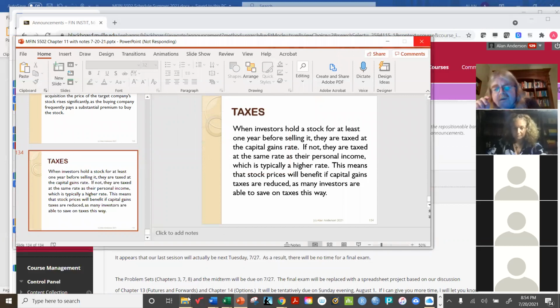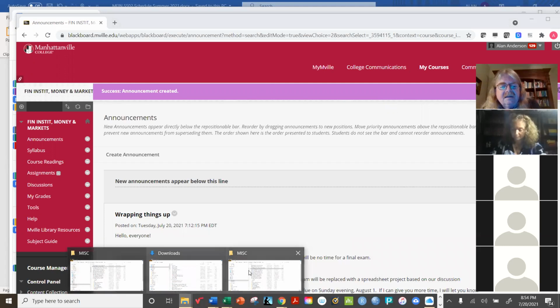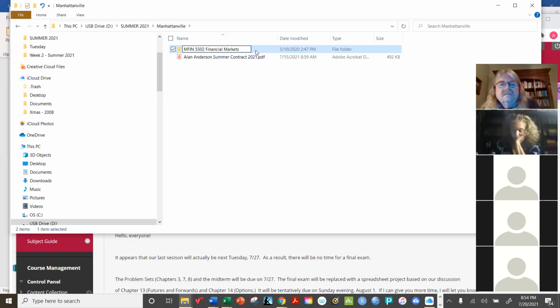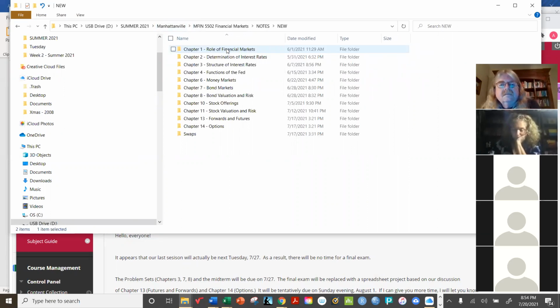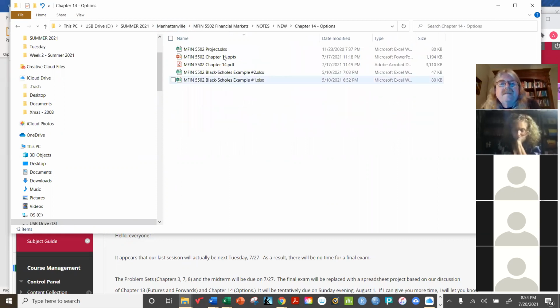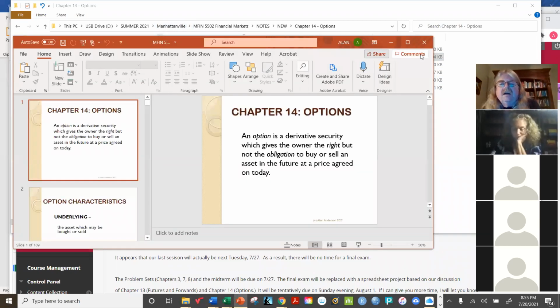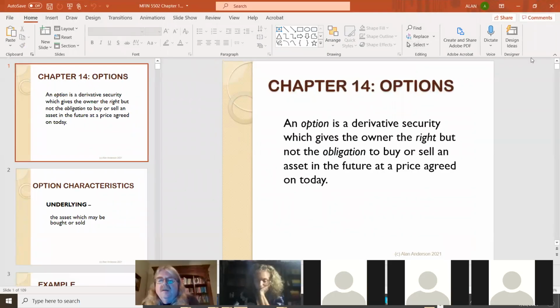So chapter 14, which is our last chapter, is our discussion about options. And let's get that open. Okay, here we go. Now, an option is another type of derivative security, but it has some interesting features that you do not see with forwards and futures.